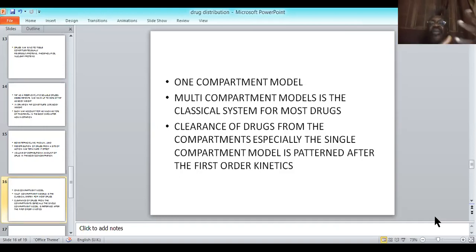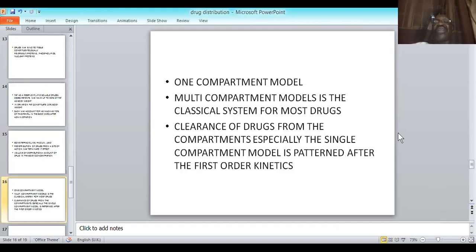I already mentioned pH differences between some tissues and the main systemic circulation. Also, we've mentioned fats, that drugs can partition into fat, that drugs can partition into the bone. So we are not dealing with one compartment model in the true life situation when we talk about drug distribution in a human being or even in an animal model that we are experimenting with.